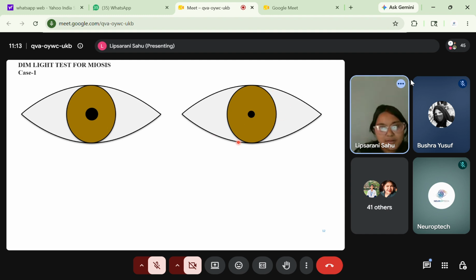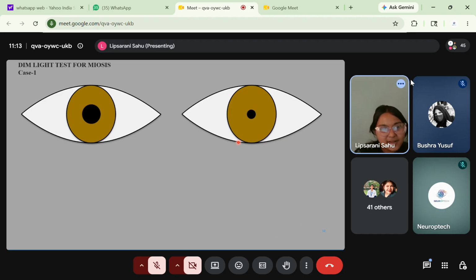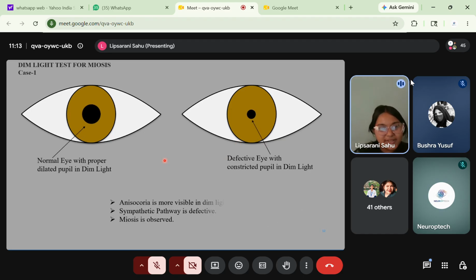Here you can observe the normal eye with a properly dilated pupil in dim light and the defective eye with the constricted pupil in dim light. From this observation, we can conclude that the anisocoria is more visible in dim light and the sympathetic pathway is defective, so miosis is observed.